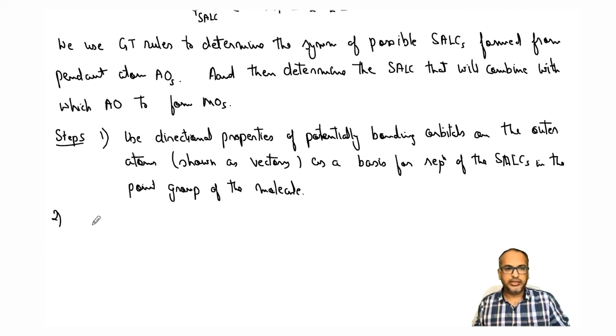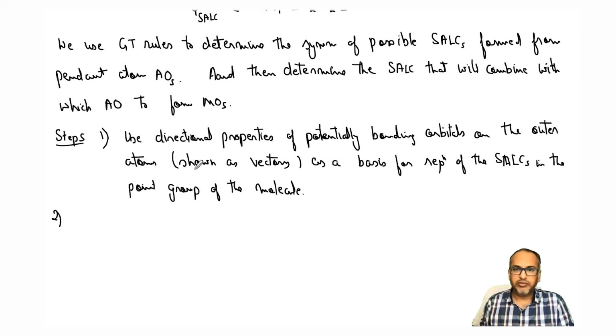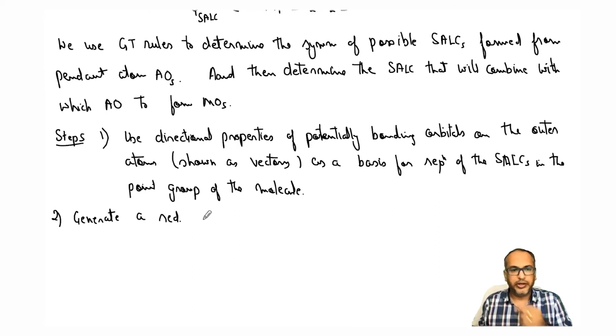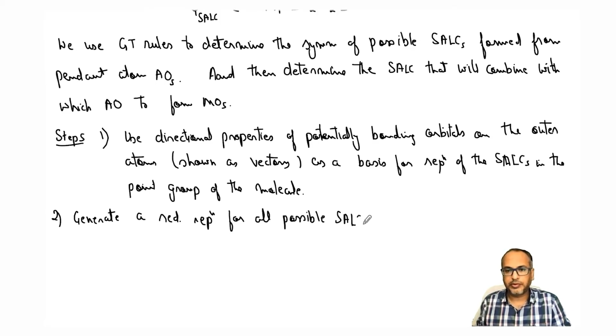So the second step, once you have determined what basis you are going to take, is to generate a reducible representation for all possible SALCs. And here we will not write explicit matrices under each symmetry operation.